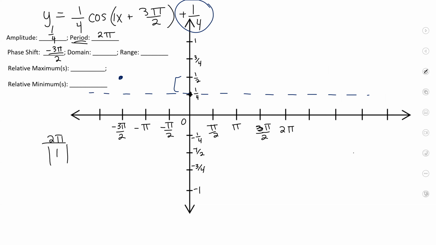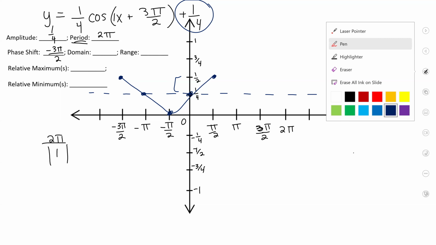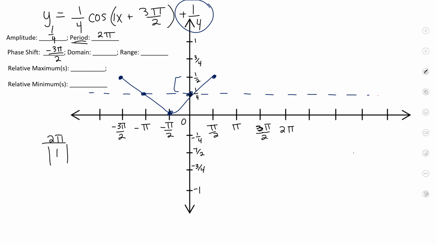And just draw your 5 points: 1, 2, 3, 4, 5. What it would normally look like is right here: 1, 2, 3, 4, 5.